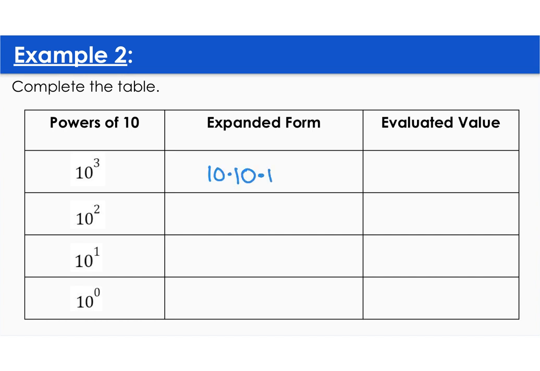So we're multiplying 10 times itself 3 times, which is 1,000. 10 to the 2nd power is 100. 10 to the 1st power is 10 times itself 1 time, which is 10, and 10 to the 0th power is 1. Anything to the 0th power is 1.